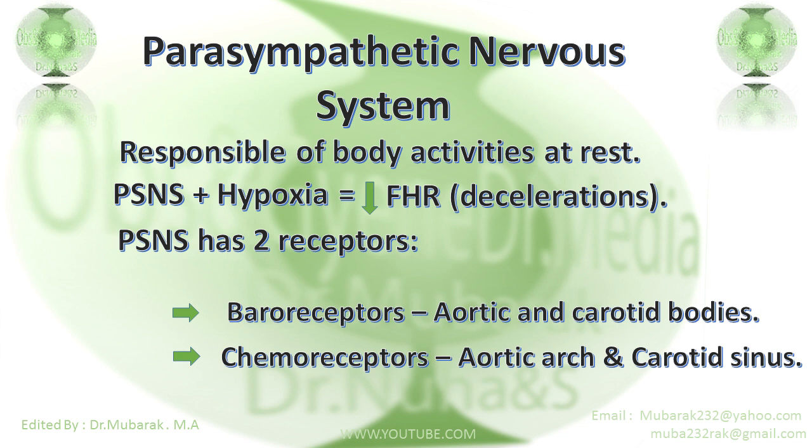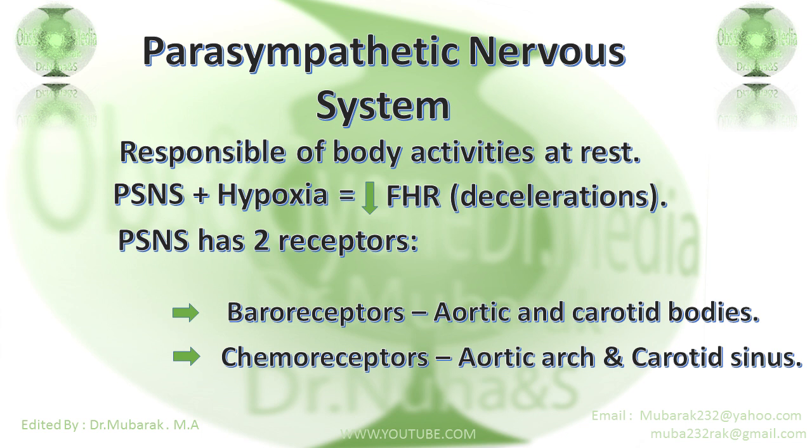Parasympathetic activity is mediated by two kinds of receptors: baroreceptors and chemoreceptors. Baroreceptors are stress receptors found in the carotid sinus and arch of the aorta. During labor, with the onset and progression of uterine contractions, both fetal head and umbilical cord may undergo repeated compression.